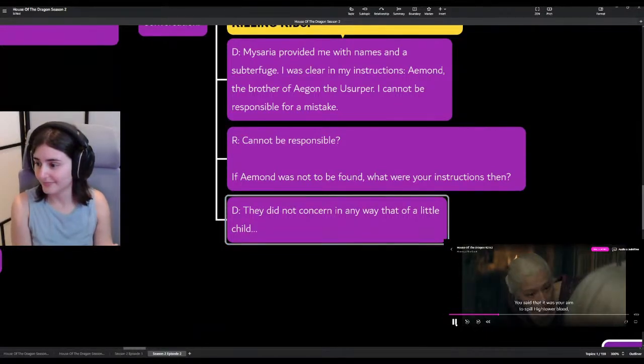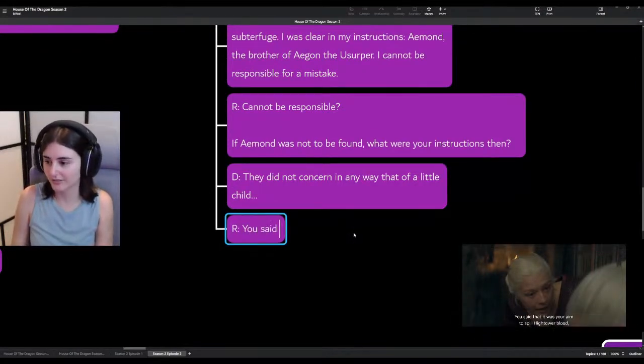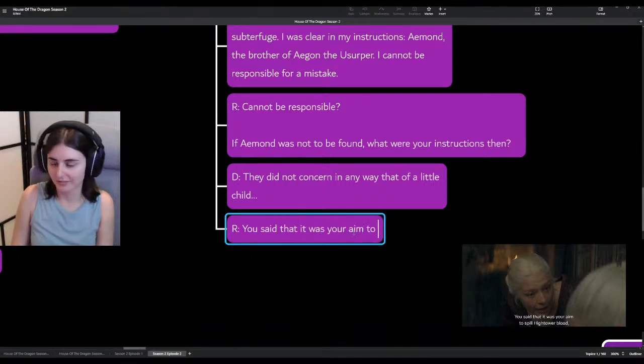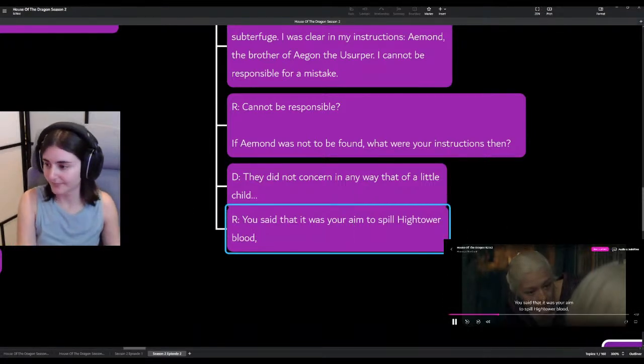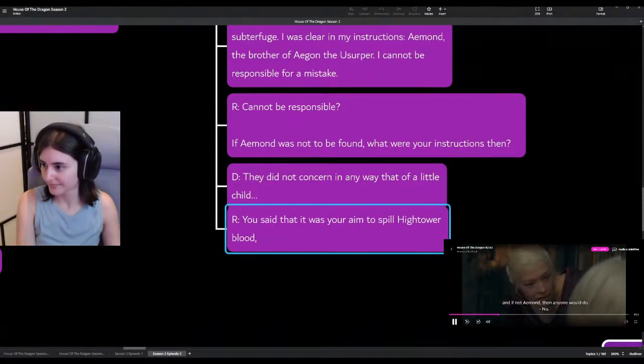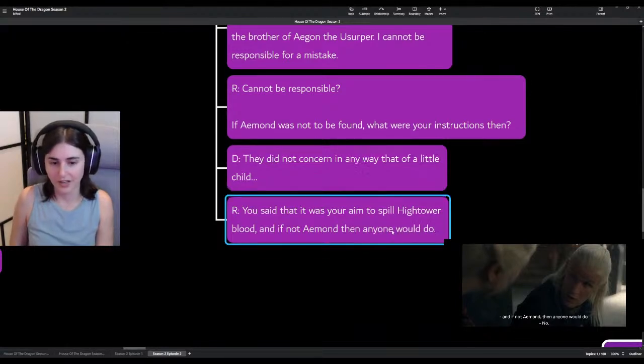So she goes, yeah, actually, it's your fault. You aim to spill Hightower blood. And if not Aemond, then anyone would do. No. That is kind of what I think happened.